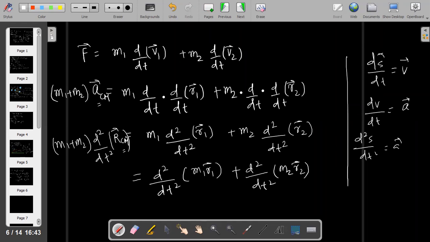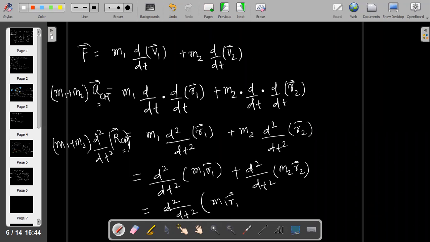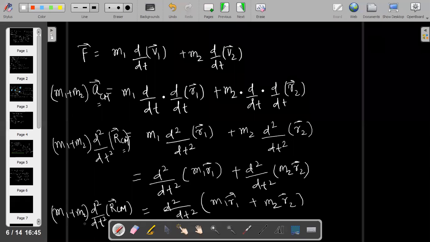Now write down everything. Look, if you take d square by dt square out common, you are going to get m1 r1 plus m2 r2. And on the left hand side you are getting m1 plus m2 into the double derivative of the position of the center of mass with respect to time. Now write down d square by dt square of RCM.